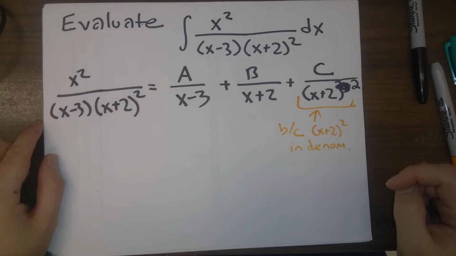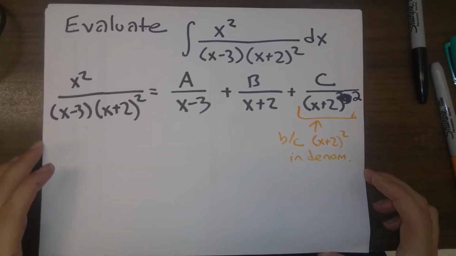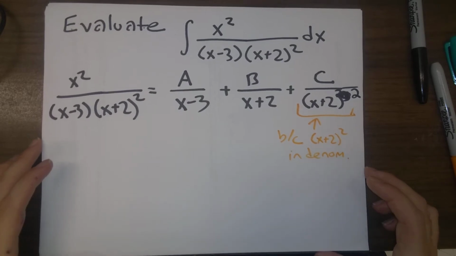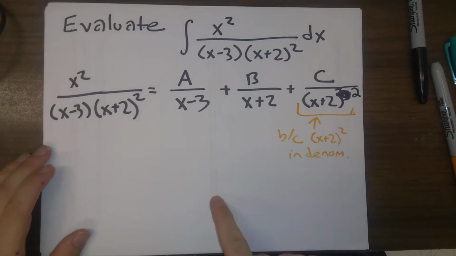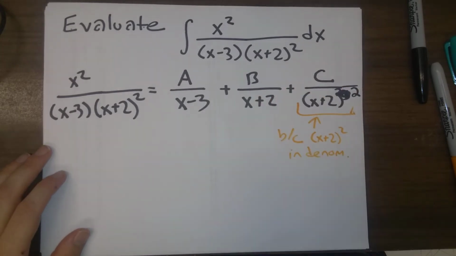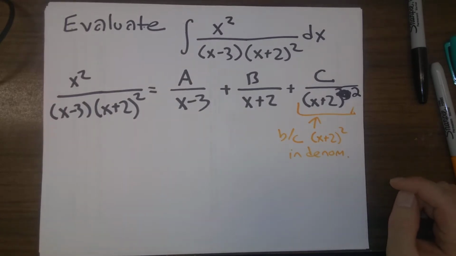And we can put constants that we'll figure out what they are, B and C, over both of them. So this is the price we pay for having a square in our denominator. We have to have one of each of these terms. The solving process is going to go through much the same way to figure out what the coefficients A, B, and C are. Although, as we see, there is going to be one kind of interesting little twist.